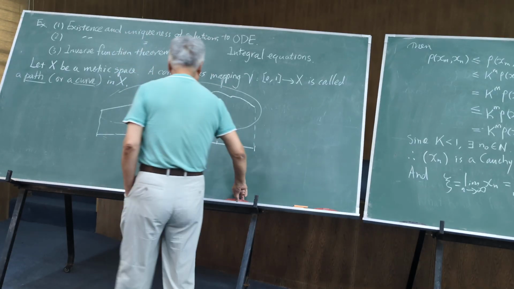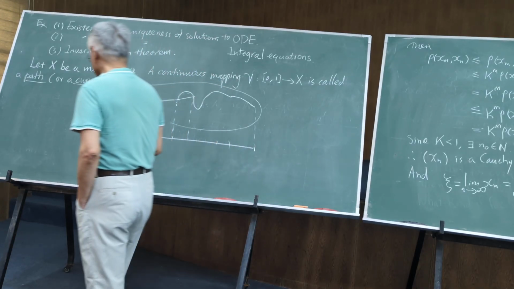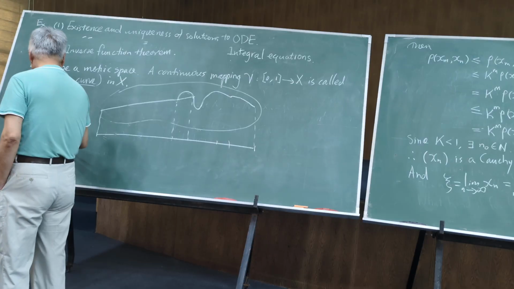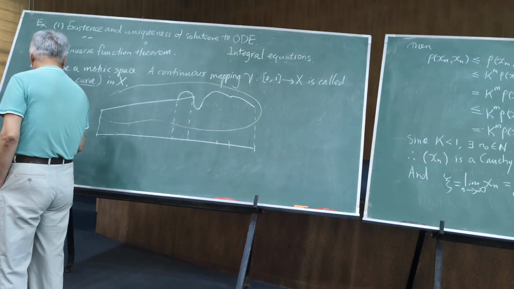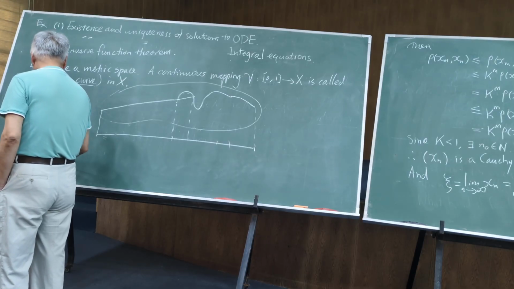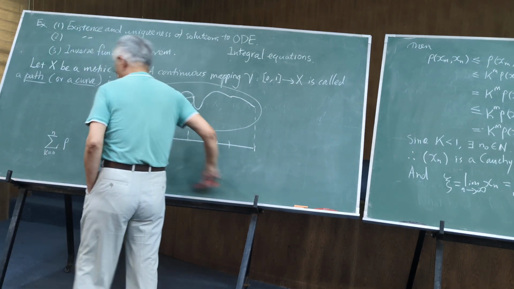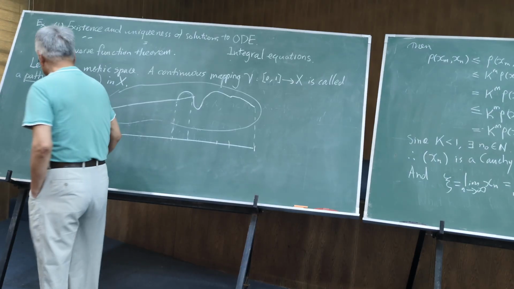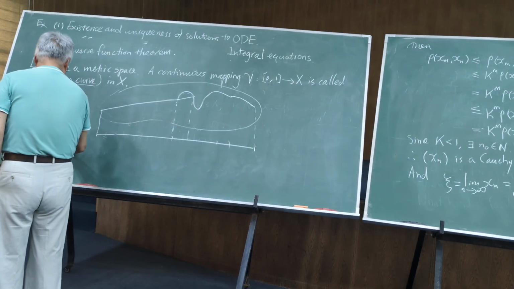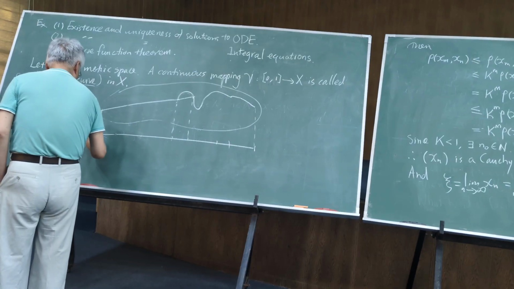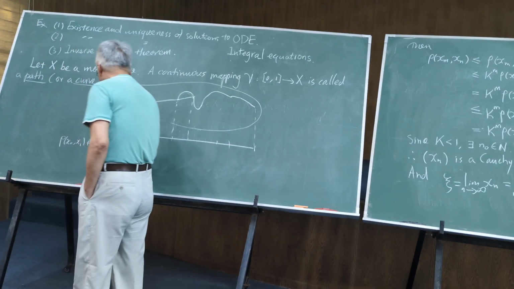So we are going to define, first of all, the sum of the distances: a finite sum, rho(x0, x1) plus rho(x1, x2).